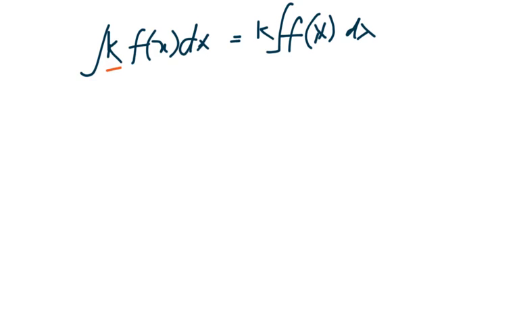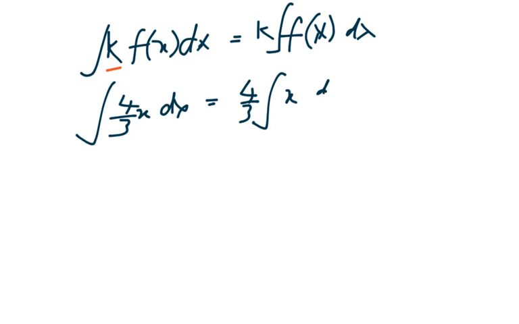For example, if it is an equation like 4 over 3 x, okay, and you are asked to integrate this, you can actually factorize 4 over 3 and put it outside. Hence, you're going to be left with an equation like this. So, 4 over 3, keep it outside the integration notation.